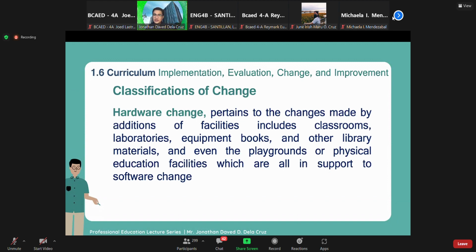And improve na din yung laboratory. So that's hardware change. Sana malinaw po yun. Ang software change po is process and teachers. Ang hardware change is the physical setup of the school. The physical setup and the hardbound materials, the instructional materials per se. Okay? Malinaw po. Kindly type 1 nga po at the chat section kung nakakasabay.